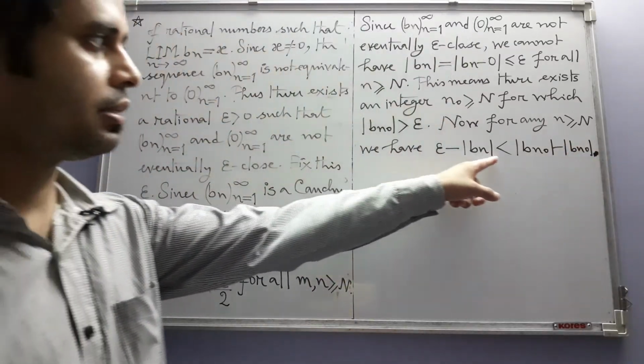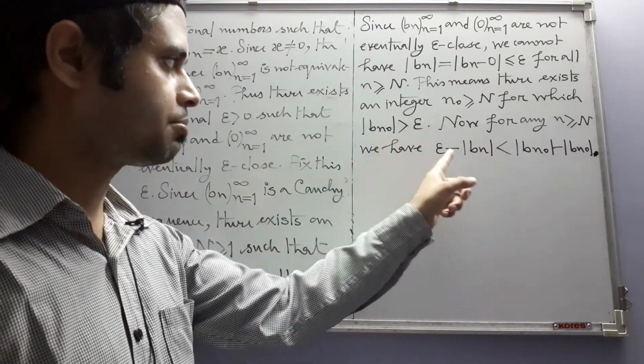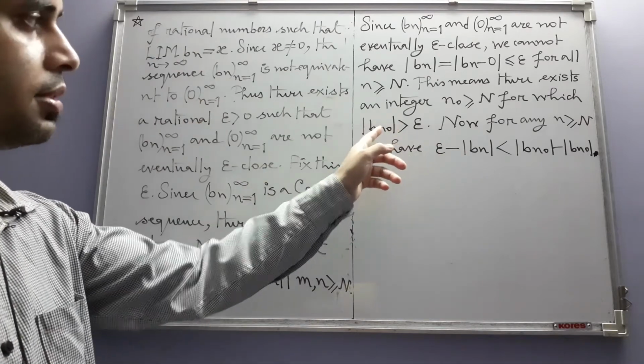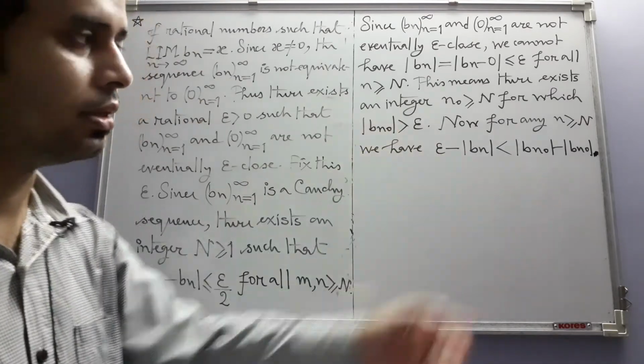So what we have done here is that we have subtracted absolute value of Bn from both the terms in this inequality. That will give us this.